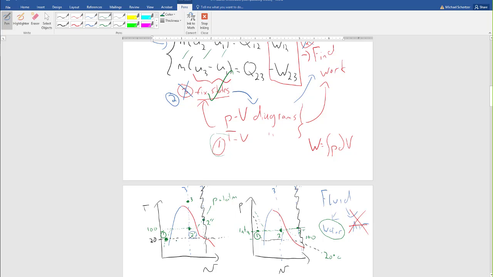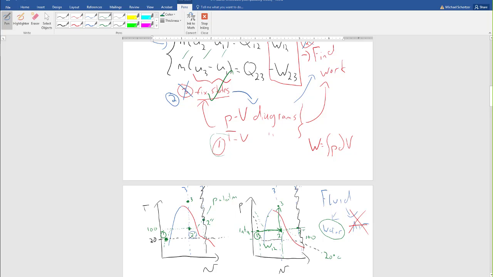So state 3 is over here or up here. Now I want to think about my PV diagram because my next job is to calculate work. The area under this line is my first process, and this is my second process. So this is going to be the work from 1 to 2.